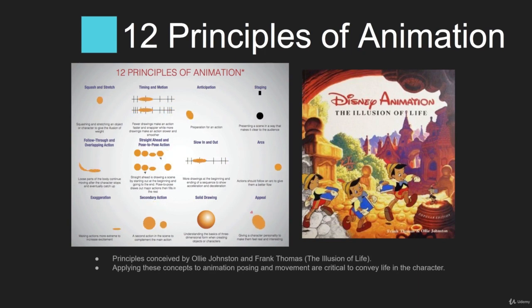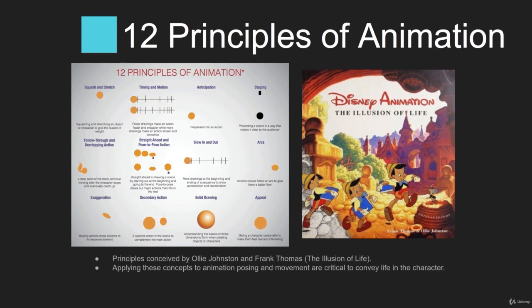Staging in this particular course isn't going to be that prevalent, since we're not dealing with a lot of camera or particular moves that are going to have a fixed camera. Most of these animations are going to be free form, where they could be placed in a game or just an exercise. But staging is a very critical piece if you're going to be dealing with any camera work.